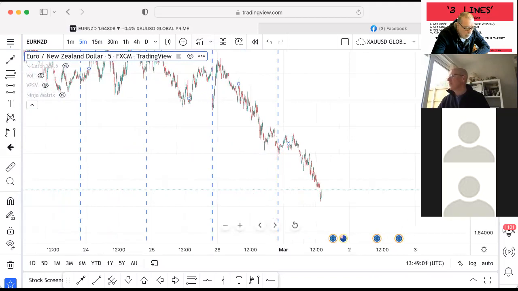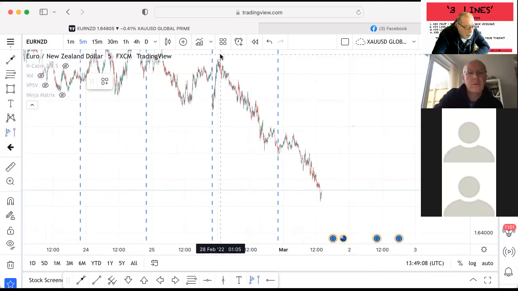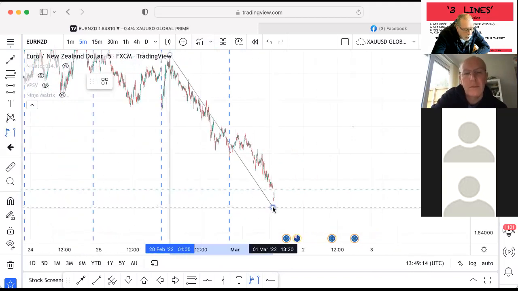She would use the free one, the fixed range volume profile. She'd click on that and she'd put that at the high point, so that's that candle there. And she would take it down to the low point, which is that candle there.